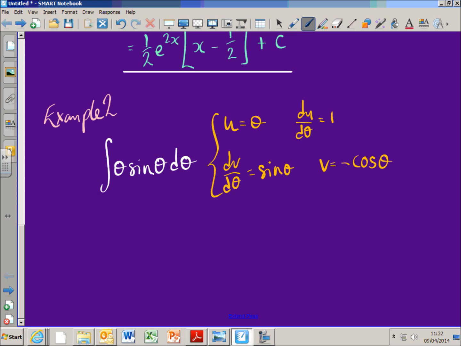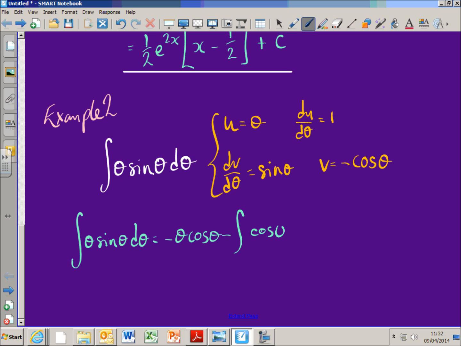So now I just sub those in. Okay, so I sub them in, and what I get is that the integral of theta sine theta d theta should be equal to u times v, so that's minus theta cos theta, take away the integration of v du d theta, so that's just minus cos theta.